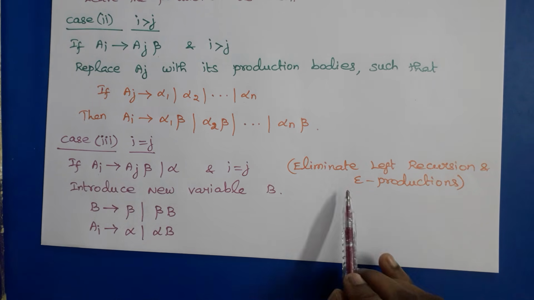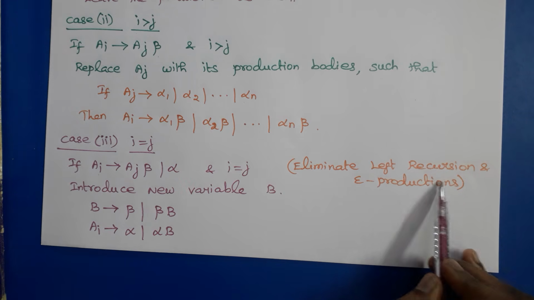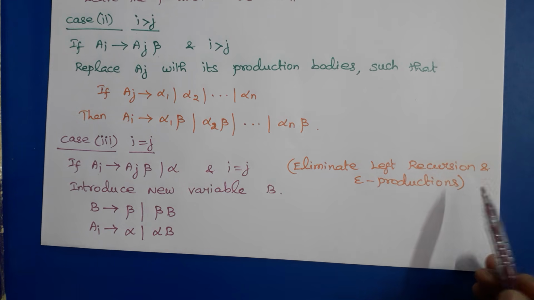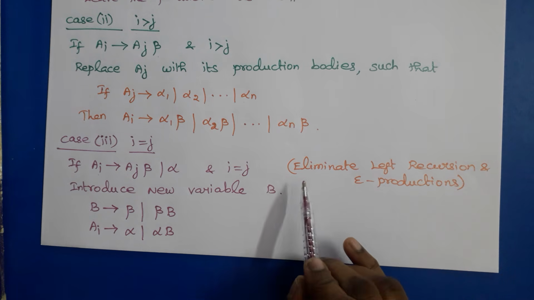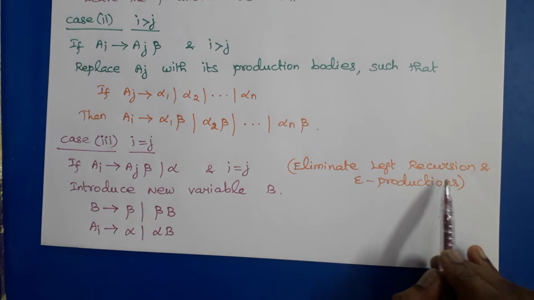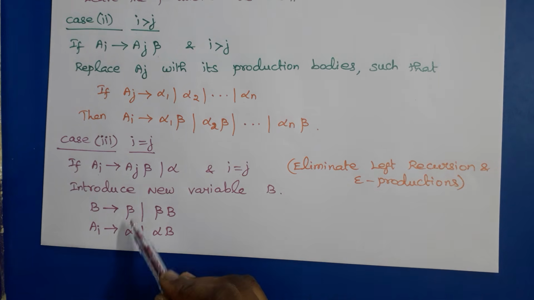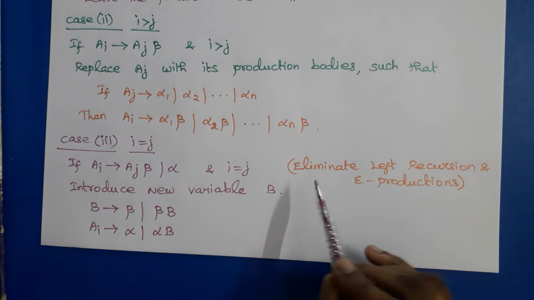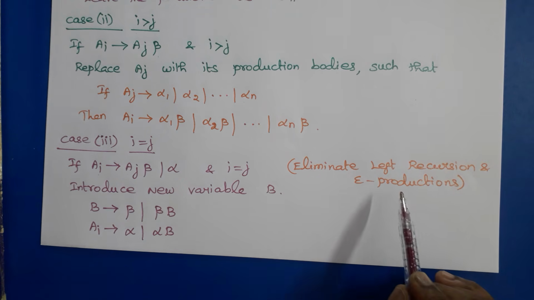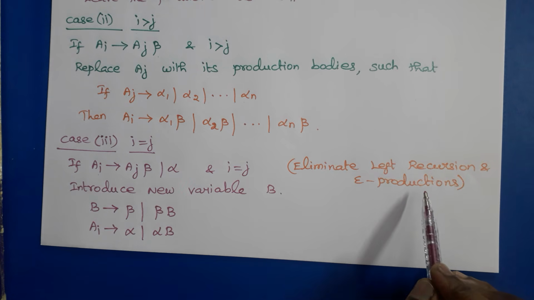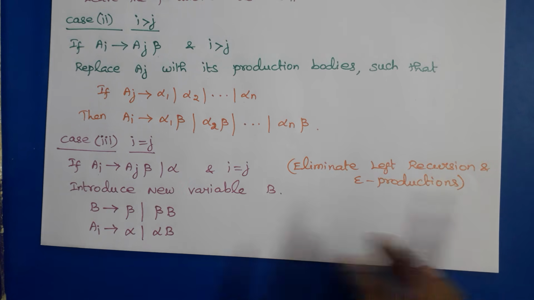So we need to eliminate left recursion, as left recursion will generate epsilon productions also. So that should also be eliminated. So we have to do this step. Please refer to elimination of left recursion and epsilon productions in the previous videos. The link will be given in the description.